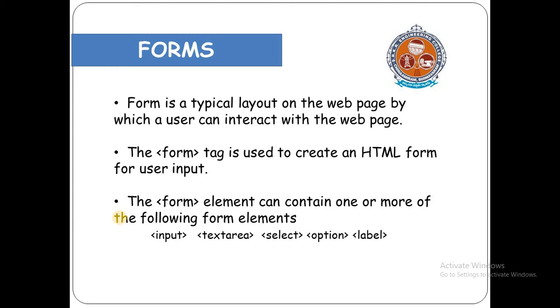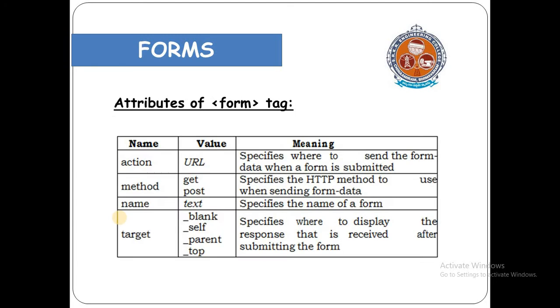In the form tag there are many elements which we can create. We can create text boxes, radio buttons, checkboxes, drop-downs, and many more. The form tag is the main tag, and in the form tag we can have multiple elements.